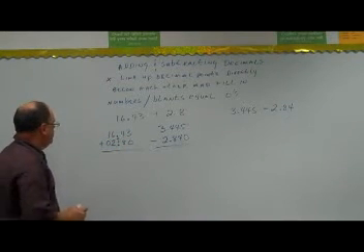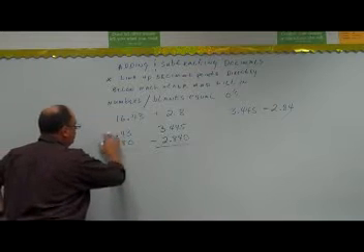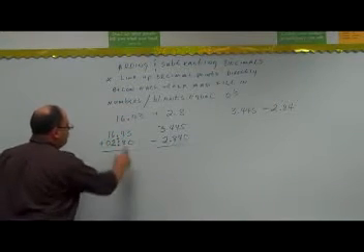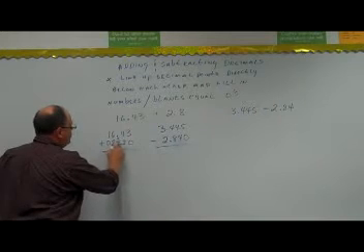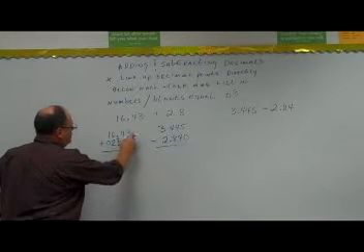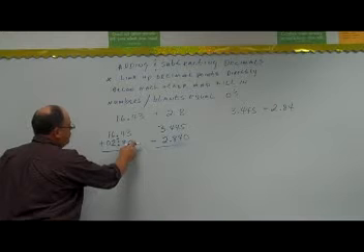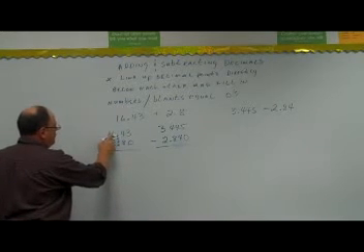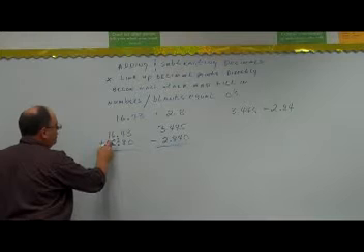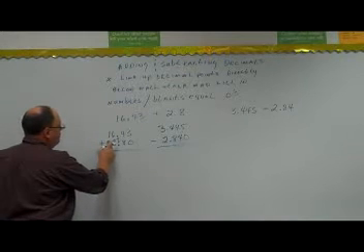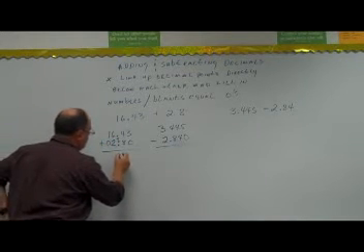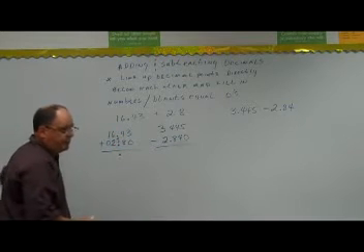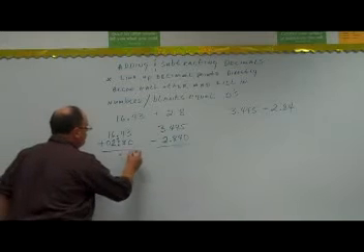And then all we have to do is put the numbers in alignment. Notice that for the 2.8, there was no number to go with the 3, so you create a 0. There was no number to go with the 1, you create a 0. The decimal point in the answer is going to go directly in alignment with the other decimal points. And all you got to do is just add it.